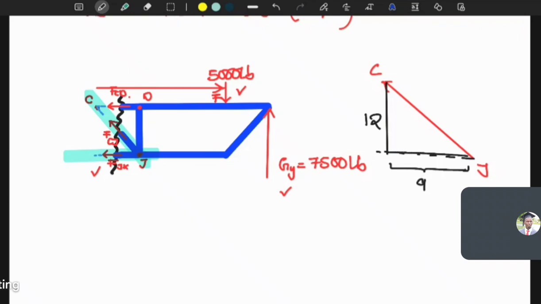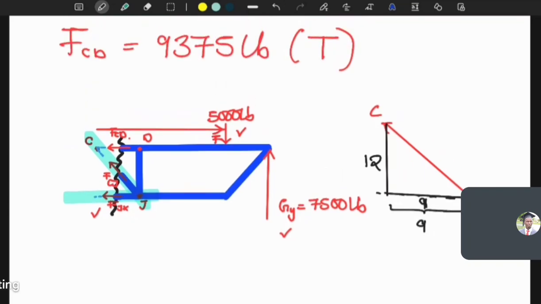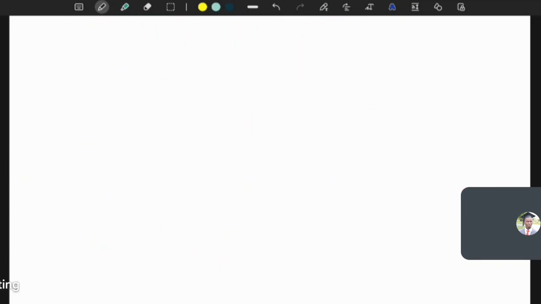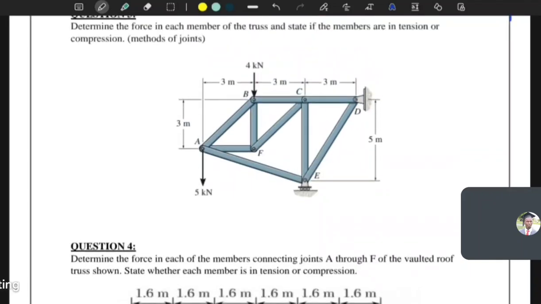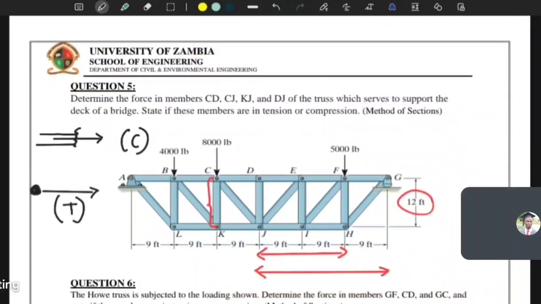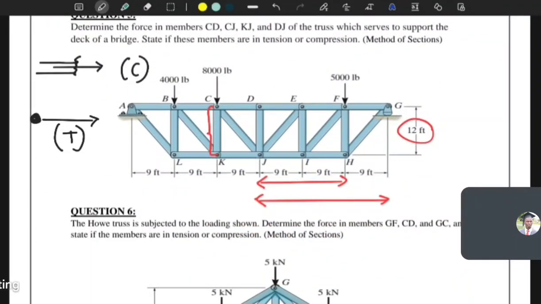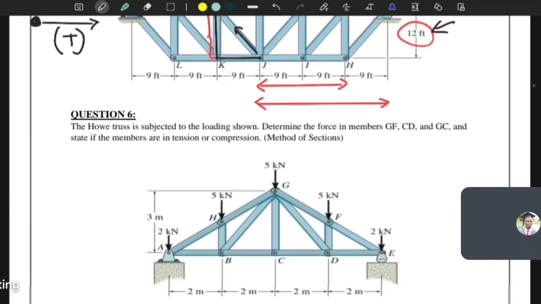So this is 9 here, and the vertical part is a 12. We can actually verify that from the diagram. The distance from J to K, that's a 9, and the distance from K to C, that's a 12. So that part has checked out.